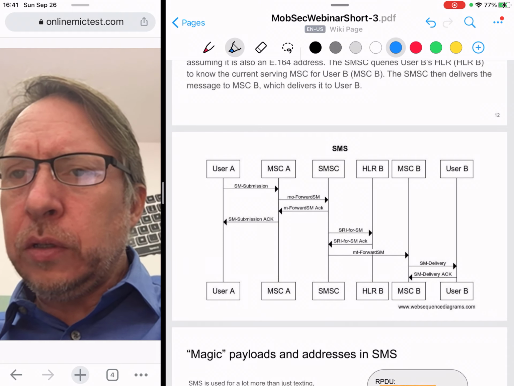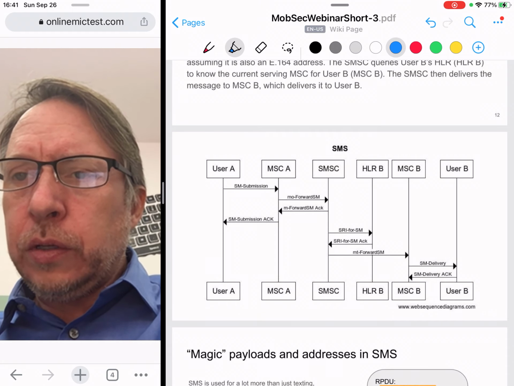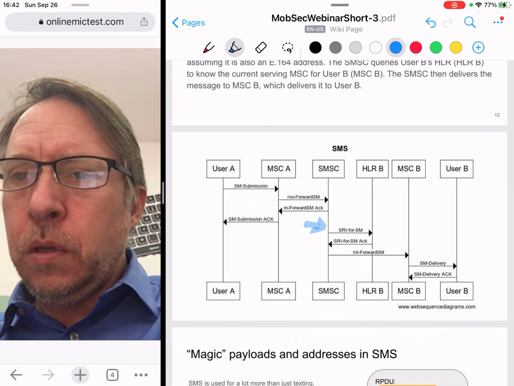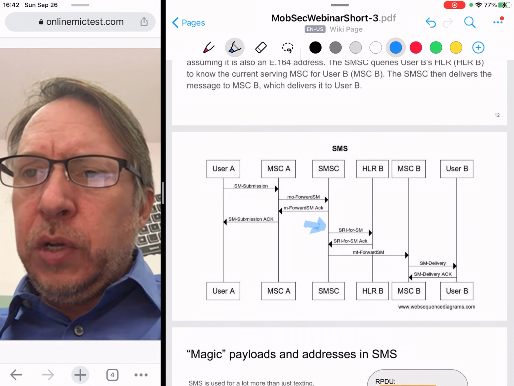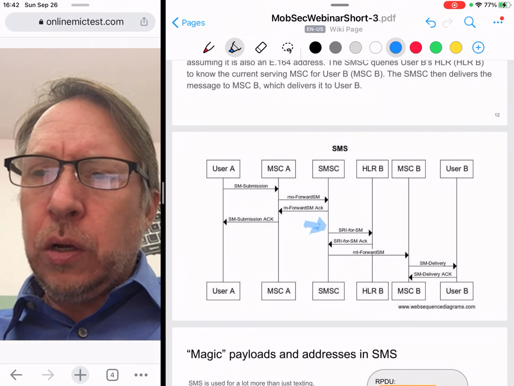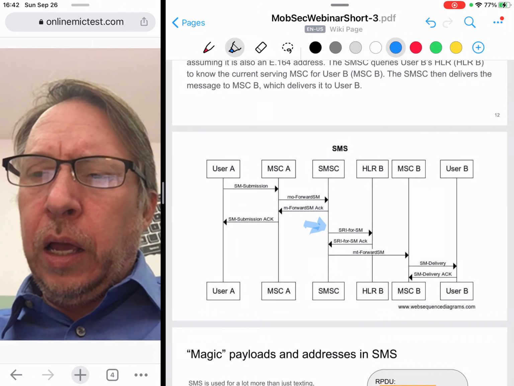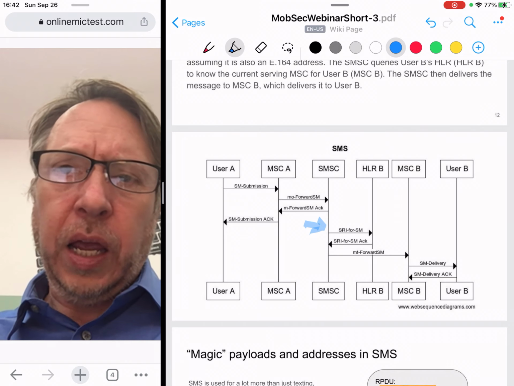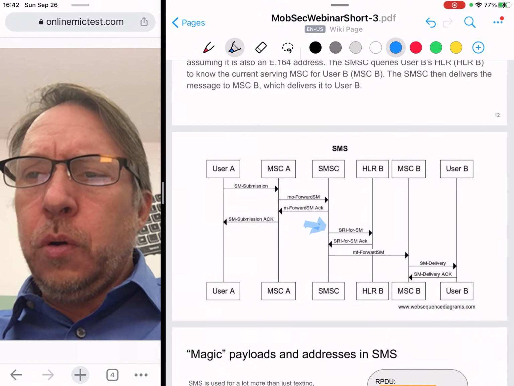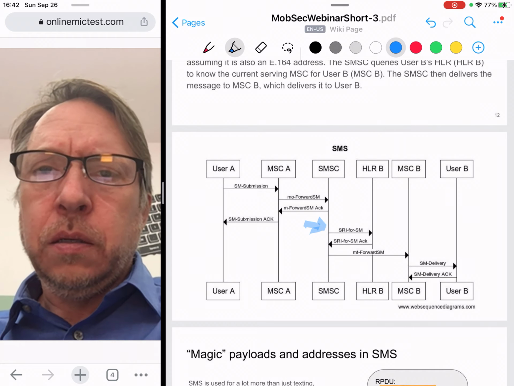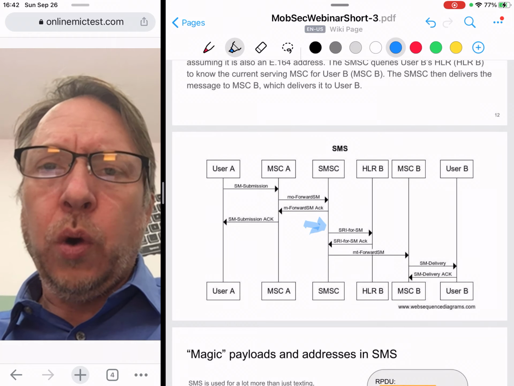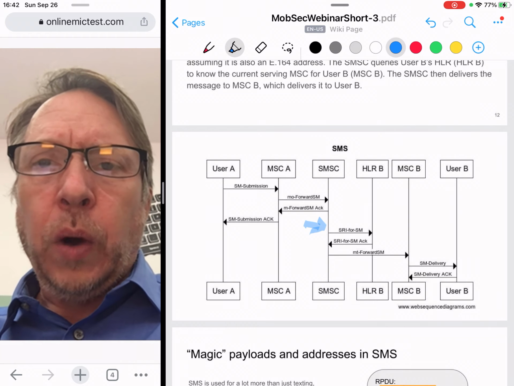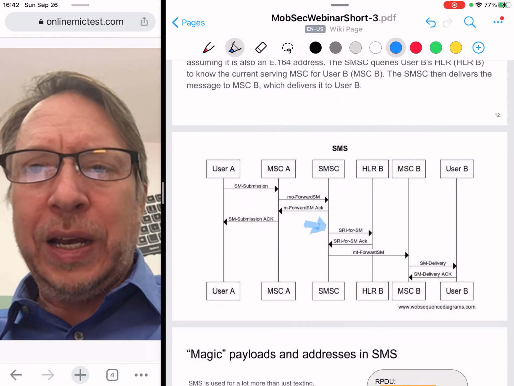What happens for this delivery, which starts at this point, the SMSC goes to user B's HLR and requests routing information. Basically, the SMSC goes to the HLR for user B's serving network and says, hey, what mobile switching center do I need to deliver this message to so that it gets to this user?